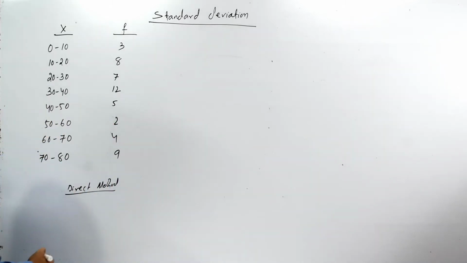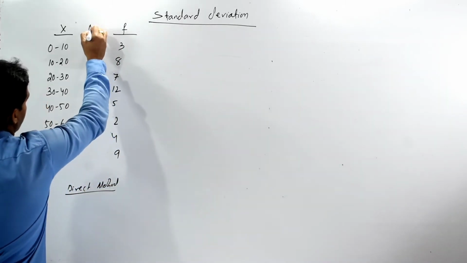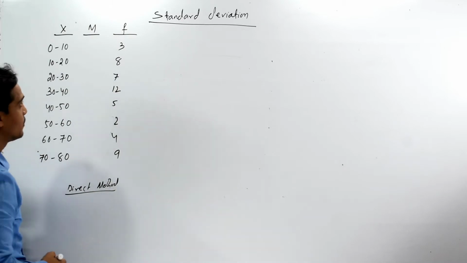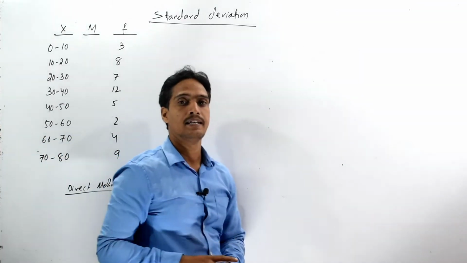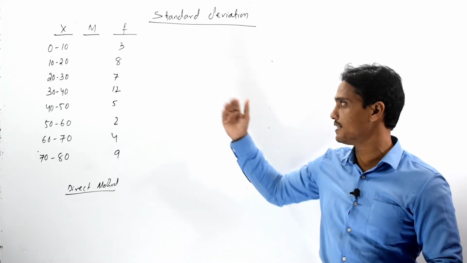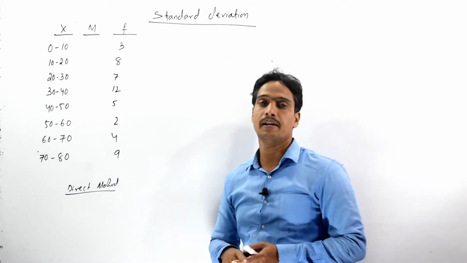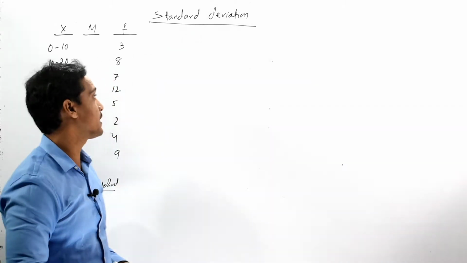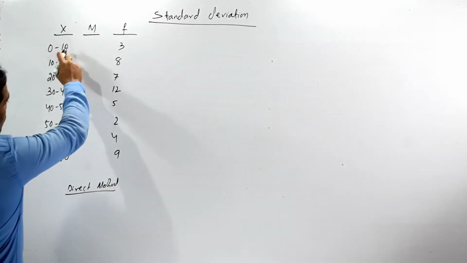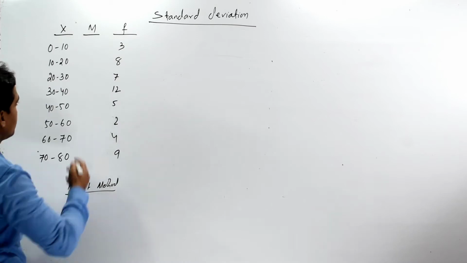For direct method, we should find out the midpoint of each class of the given series, that is the average value of lower limit and upper limit, calculated as lower limit plus upper limit divided by 2.